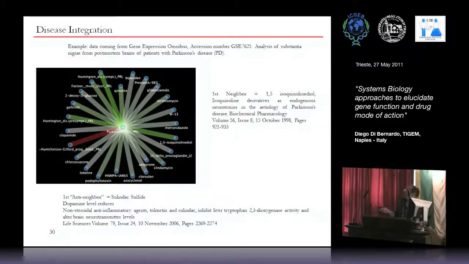This is a preliminary work that we have not continued because Francesco has finished his PhD, so now we have to continue, but we are collaborating with Stefano. However, the idea is this one.